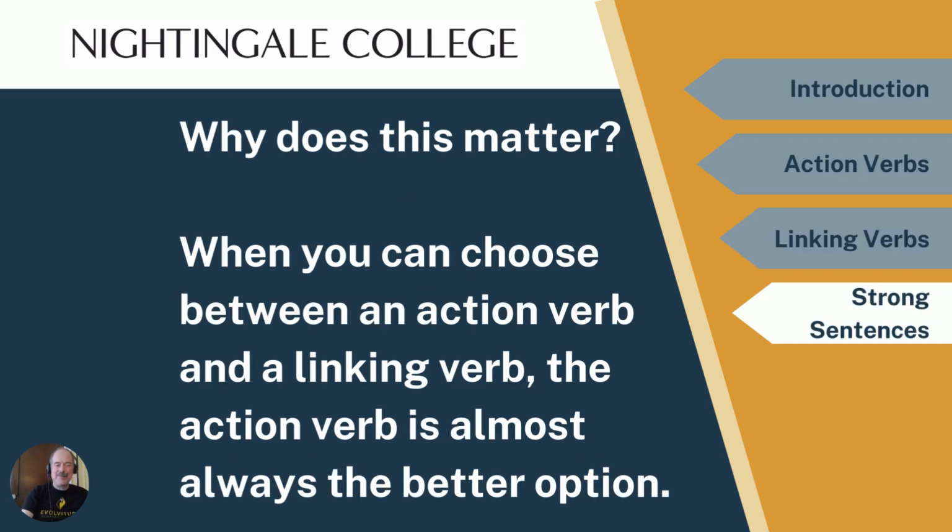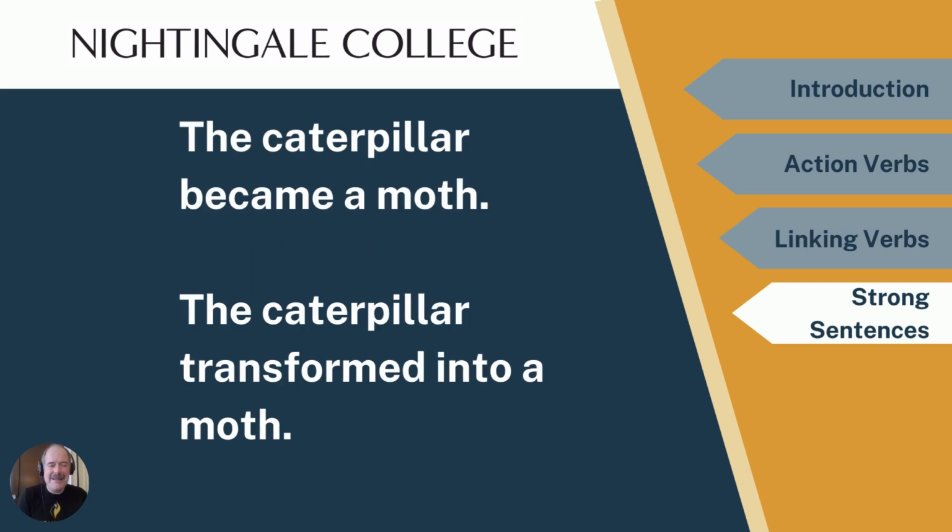action verb. So why does any of this matter? Because most of the time, action verbs are going to give you stronger sentences and more powerful and effective writing than linking verbs. We can see here, the caterpillar became a moth. It's a perfectly acceptable sentence. It's grammatically correct, but it's not very descriptive.